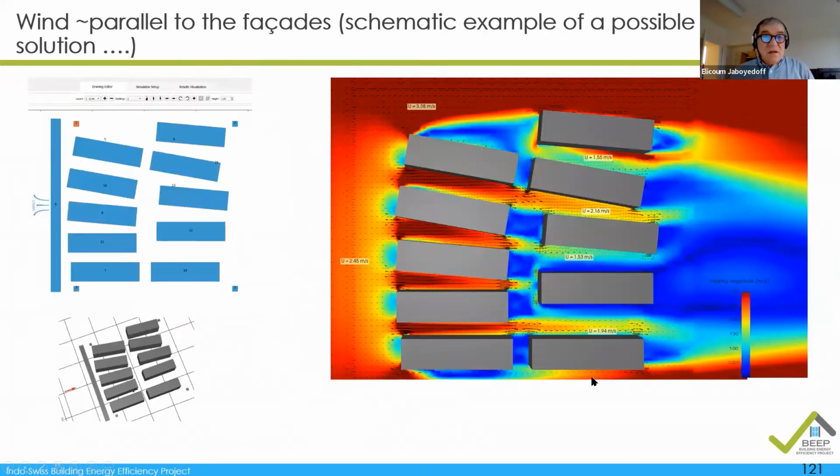So, and then this is another arrangement to show that it looks possible. Again, these are illustrations. They are not real projects at the moment, because that will come with the users showing the use of the software later, and in the manual we will be preparing next year. So here, you can see that we are getting quite good velocity somehow. From 3 meters per second outside, we are keeping something like 1.5 at least between the buildings, which allows us to imagine that you can have a better cross ventilation.